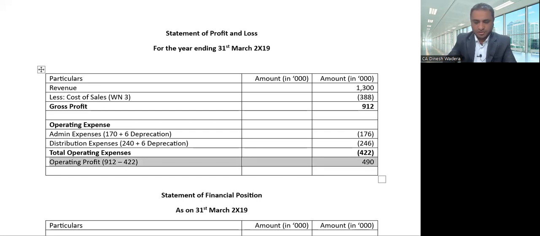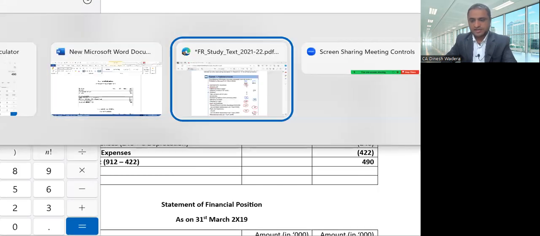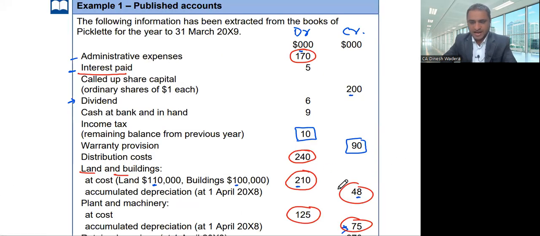From your operating profit, you have to deduct the non-operating expenses. Now let's get back to the question and see what the non-operating expenses are. Interest paid is a non-operating expense. Share capital is part of the balance sheet. Dividend is a distribution of income. Cash is the asset. Income tax will be deducted, of course, later.